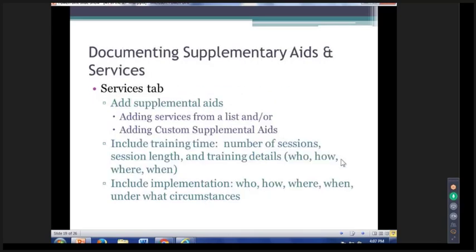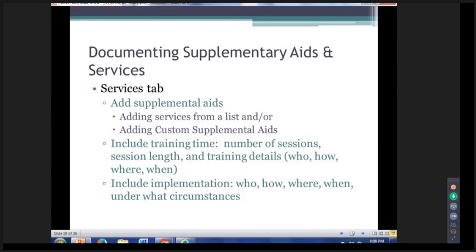You find this under the services tab, and this is kind of a reminder box again. You can either add services from a list, or you can add custom supplemental aids. In these boxes, and I'll show you a screenshot and a live demo here in just a second, we want to include the training time, the number of sessions, the session length, and training details.